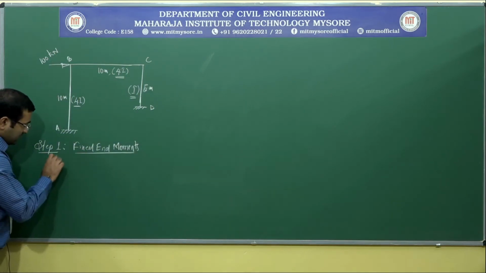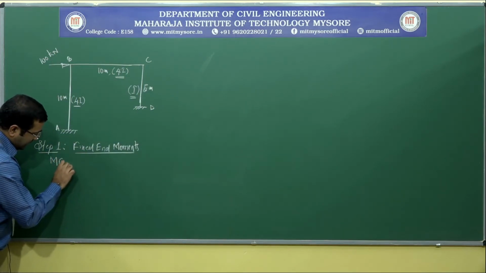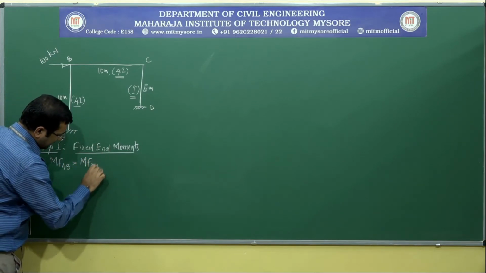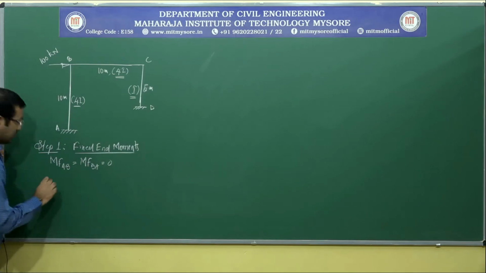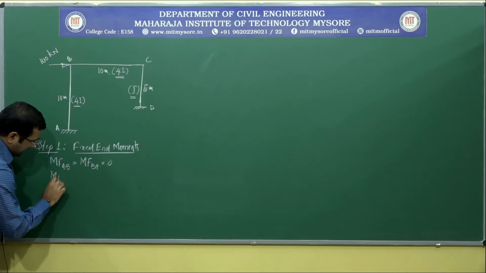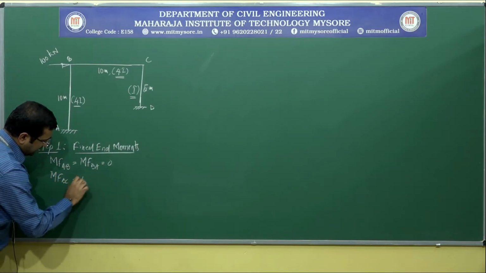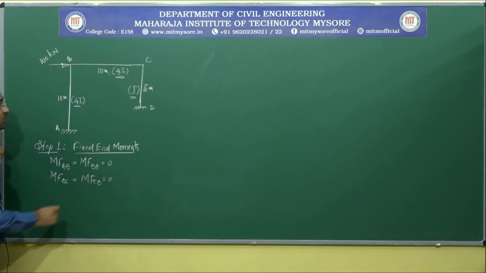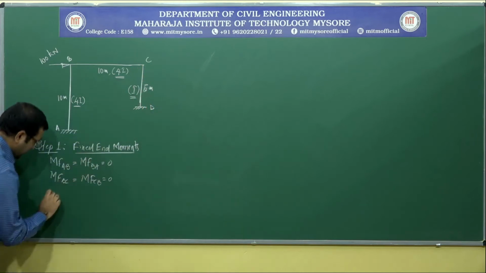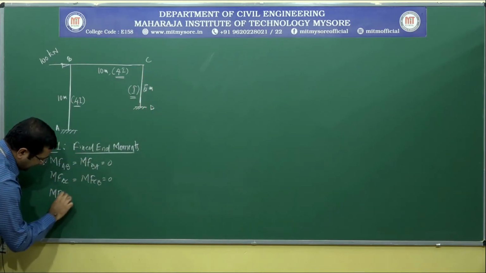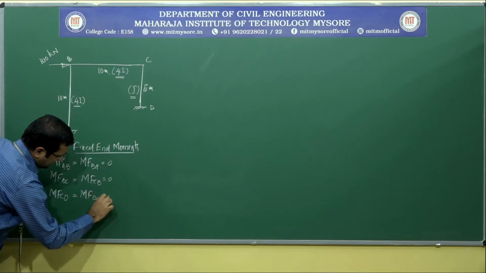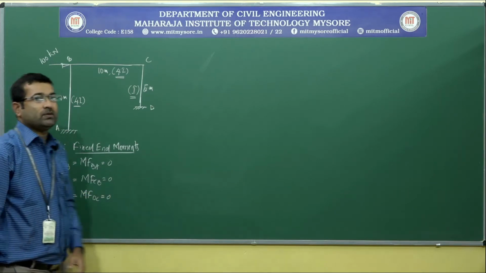So straight away we can write MFAB equals MFBA equals 0. Similarly for span BC, MFBC equals MFCB equals 0, and for span CD, MFCD equals MFDC equals 0.